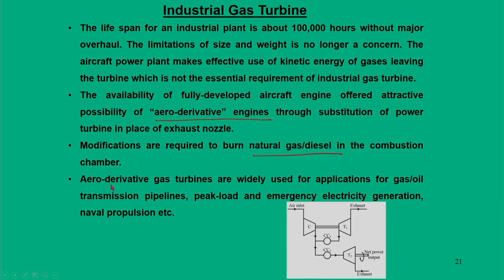Finally, as a last remark, aeroderivative gas turbines are widely used for gas and oil power, transmission pipelines, peak load and emergency power generation, and mainly this gas turbine for power generation is used in marine or naval applications.